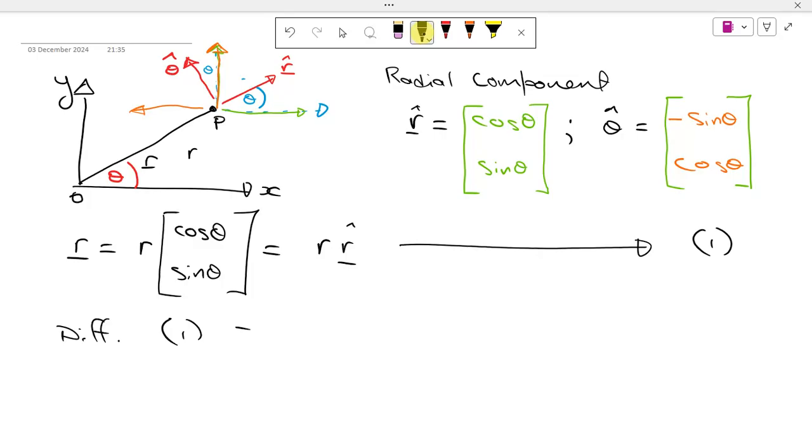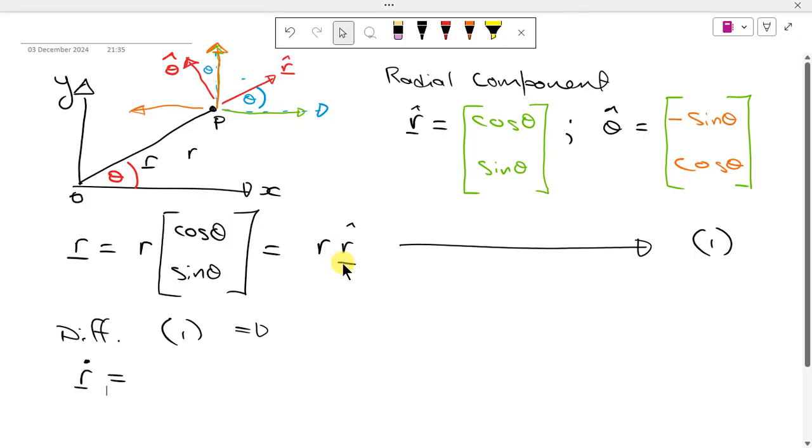So if we differentiate equation 1, we get r, the radial vector, gets differentiated to give r dot. And then we differentiate this next, so we differentiate the r and leave the r hat alone.